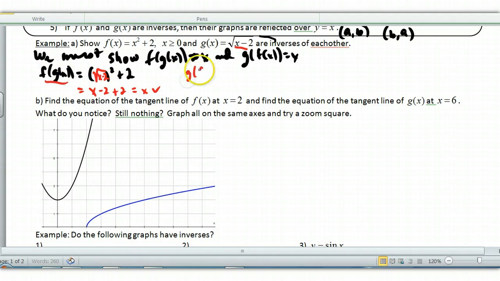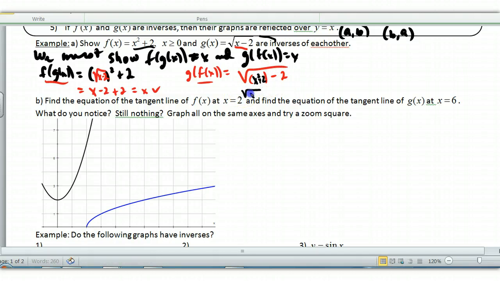Then if I do g of f of x, I need to show that that's equal to x as well. So I take the g function, that's my outside function. Wherever I see the x, I'm going to put big parentheses, then inside I'm going to put in my f of x, so x squared plus 2. So x squared plus 2 minus 2, those will go away.